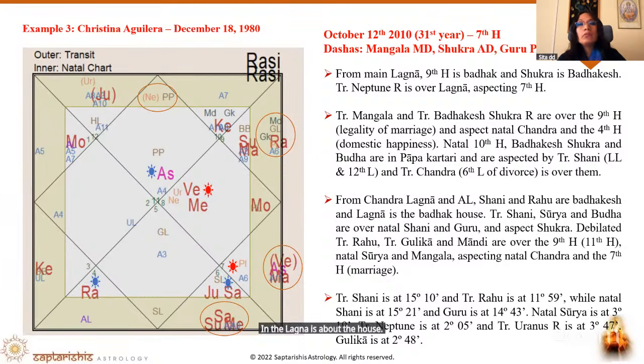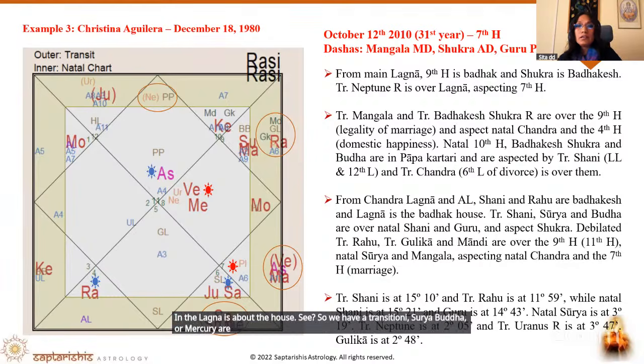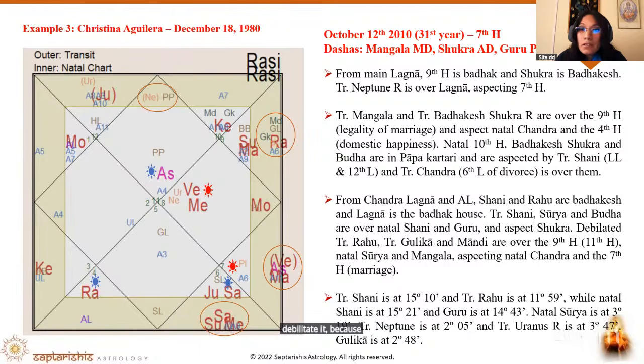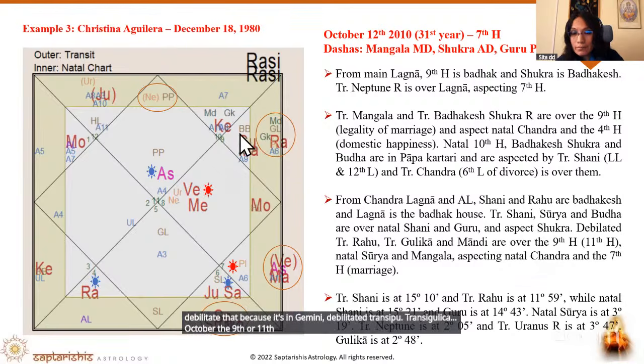See? So we have transit Shani, Surya, and Buddha, or Mercury, over the natal Shani and Guru that are posited in the 8th house, and aspecting Shukra, debilitated because it's in Gemini, debilitated transit Rahu. Transit Gulika in Gemini is with Rahu, with Gulika and Mandi in transit, over the 9th or 11th house.